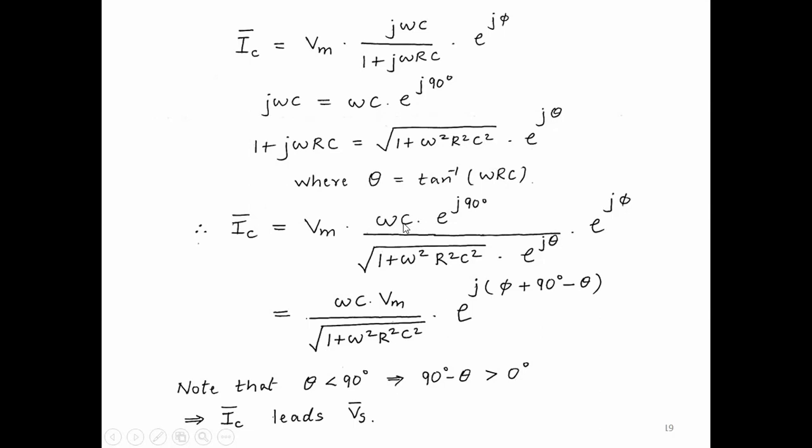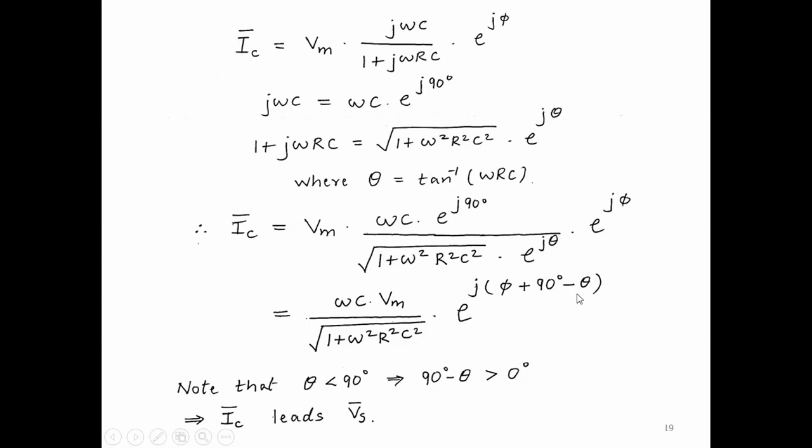So here this is the form: omega c e raised to j 90 degrees divided by the magnitude and phase of the denominator. You combine the magnitudes, so you get omega c Vm over the denominator magnitude, and combine the phases, so e raised to j of phi plus 90 degrees minus theta. So this is written in the form of a real magnitude times e raised to j phase.